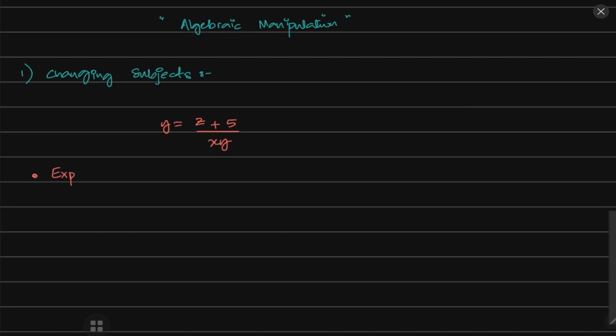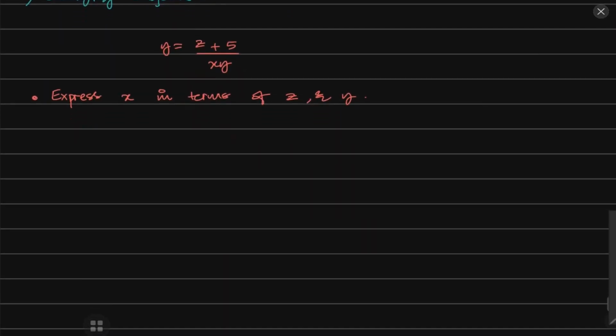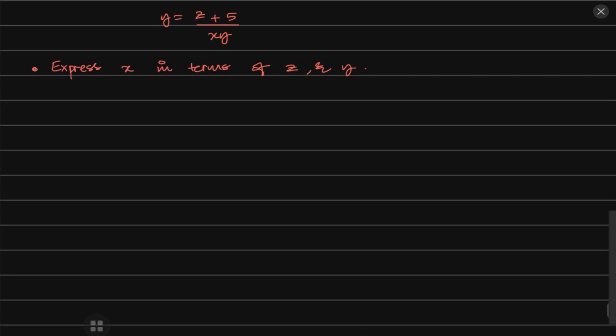And this is what the question says: express x in terms of z and y. In this case, you're supposed to rearrange the entire thing to make x your subject.